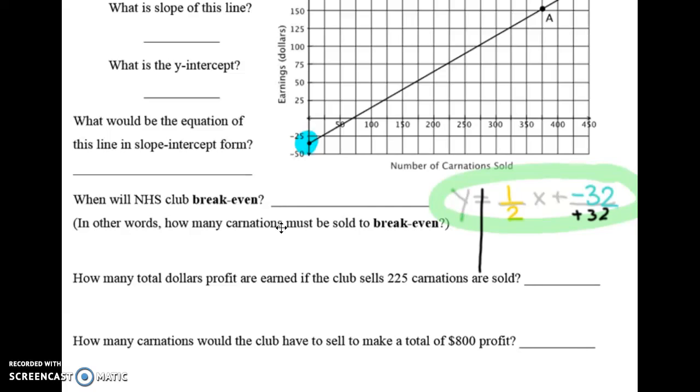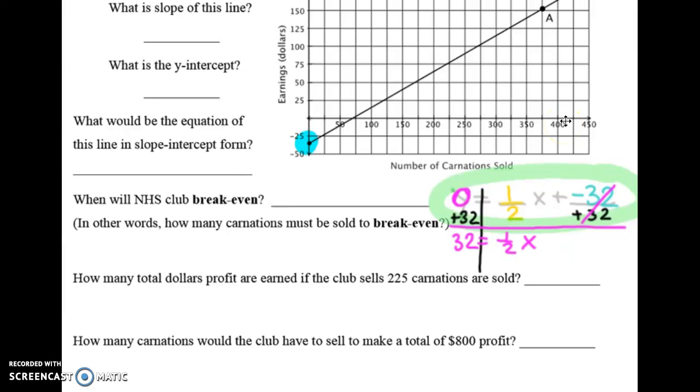I need to set y equal to 0 and solve for x. In order to solve for x, I have to add 32 to both sides. Replacing y with 0, I add 32 to 0, and I end up with 32 equals 1/2 x.